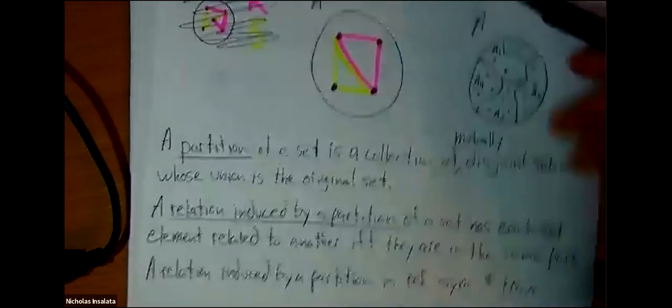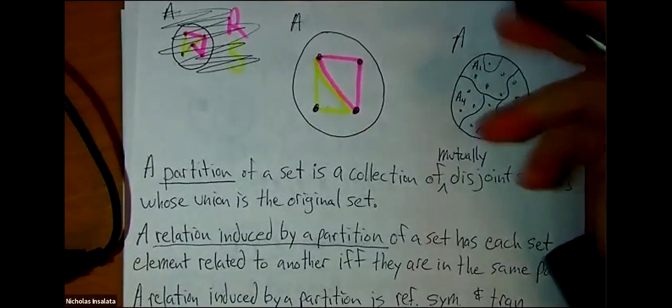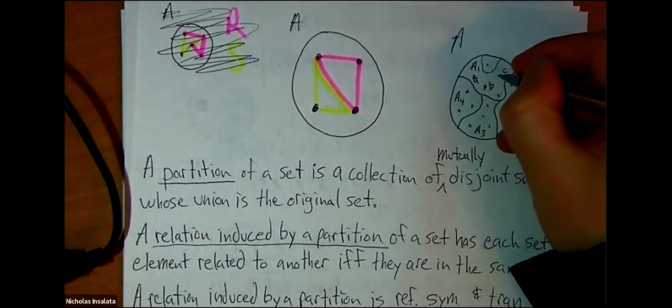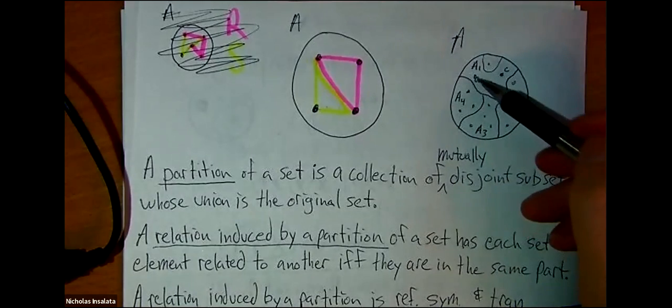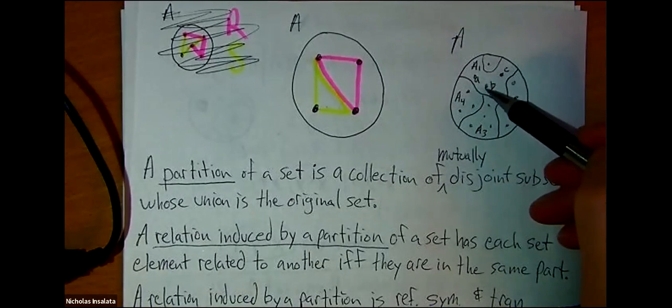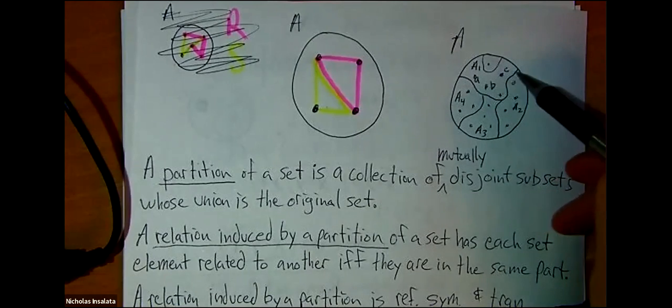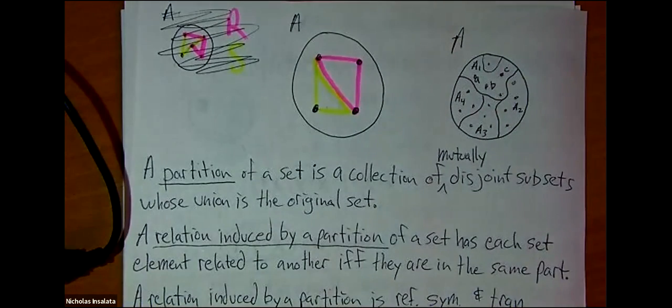Let's call these A, B, and C. If A is in the same part as B and B is in the same part as C, then of course A must be in the same part as C. What do you guys think? Does that look okay? Happy with that?